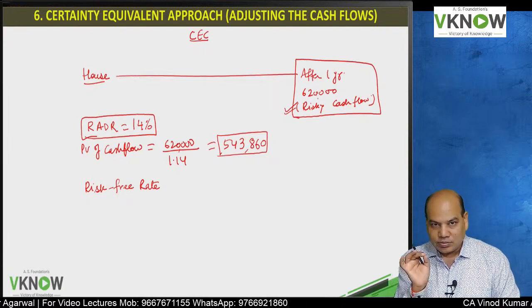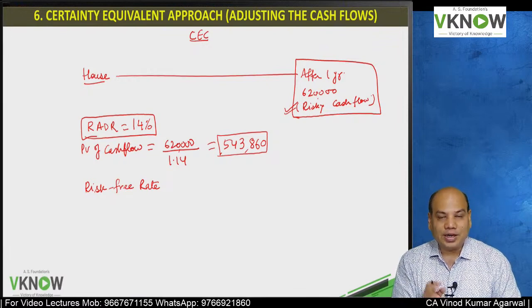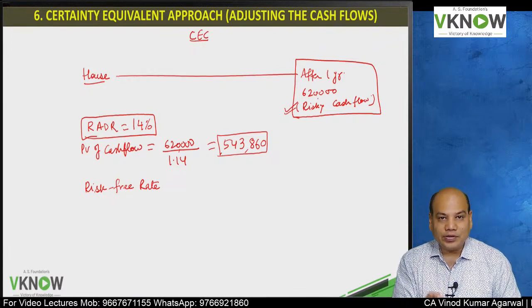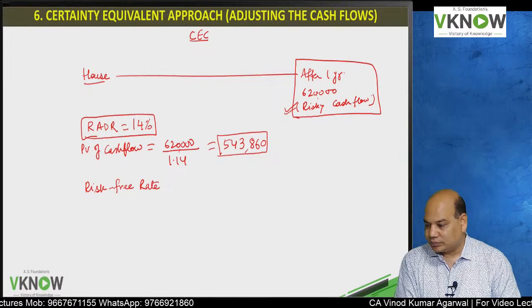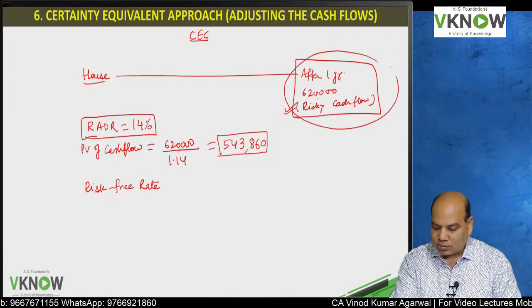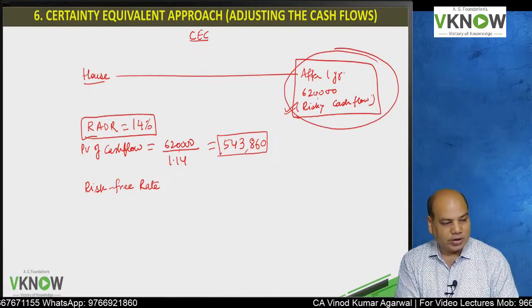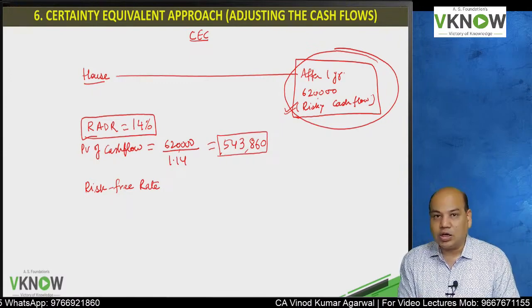Should I charge him 6,20,000, less, or more? If somebody is willing to give you an assurance about purchasing the house after 1 year, you are going to charge him less. But how much less?